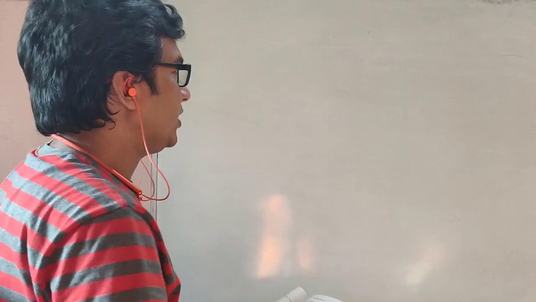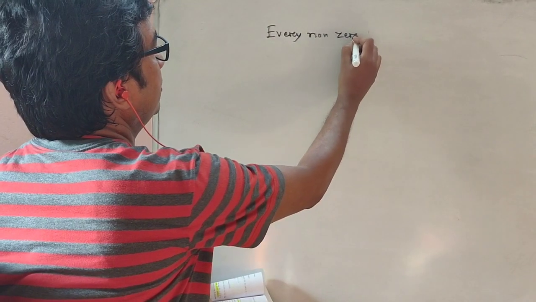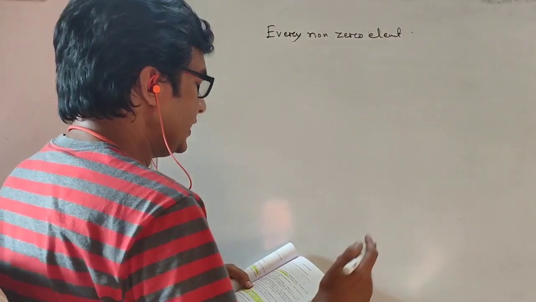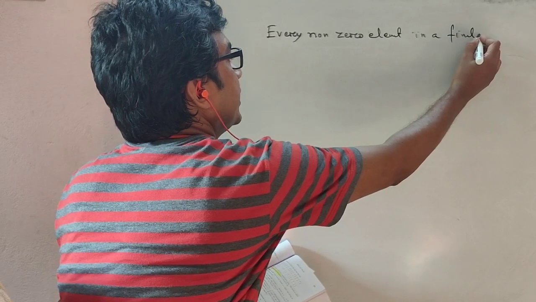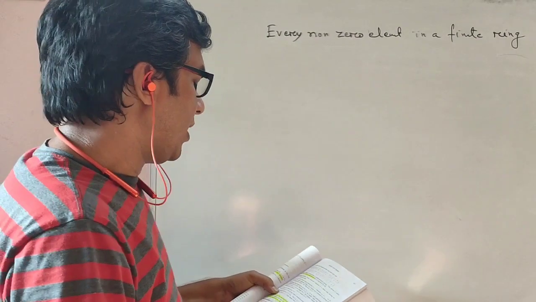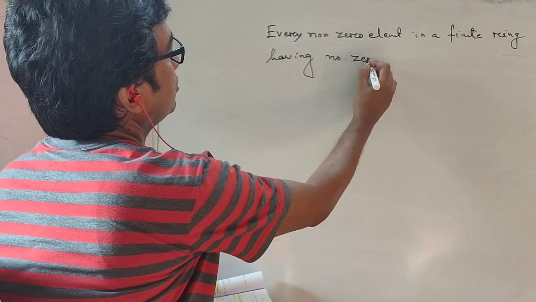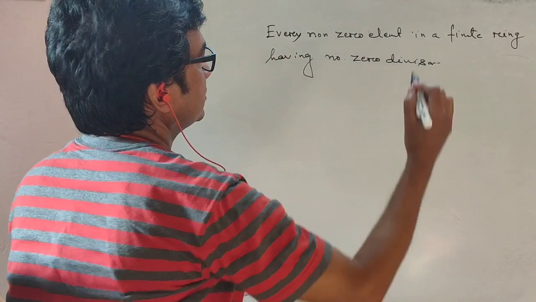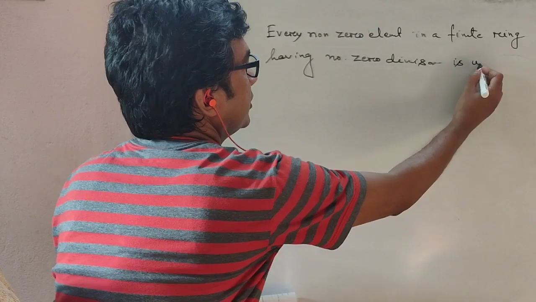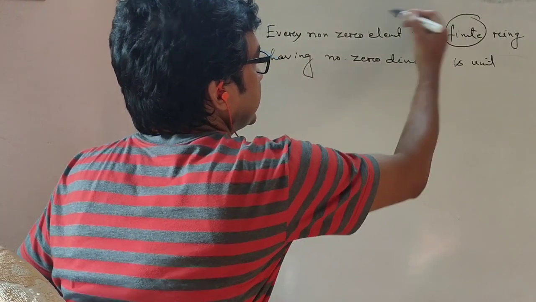Every non-zero element in a finite ring having no zero divisor is a unit. Finite can also be an important word here.